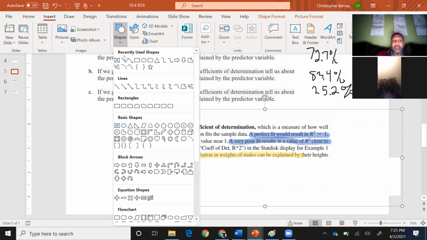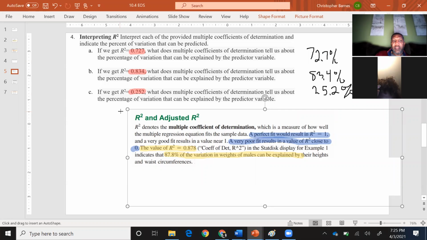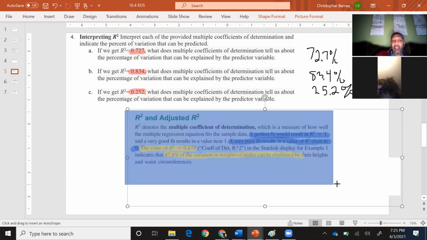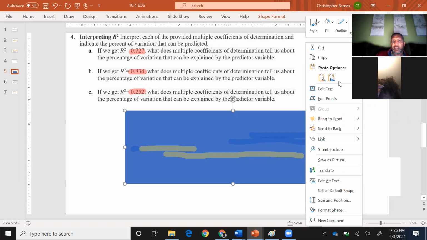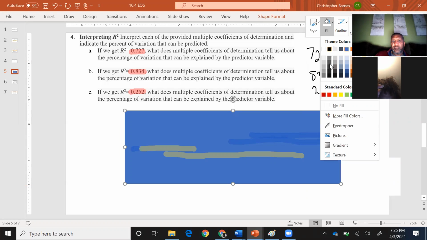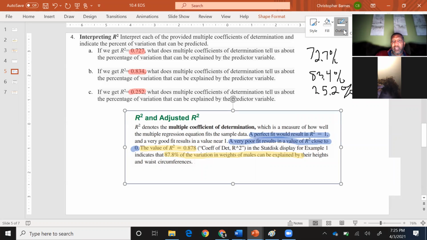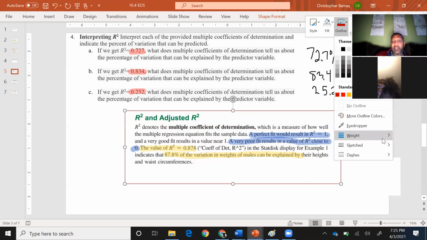Let me do something else real quick. No fill. Outline should be red. I think it's a little heavy.